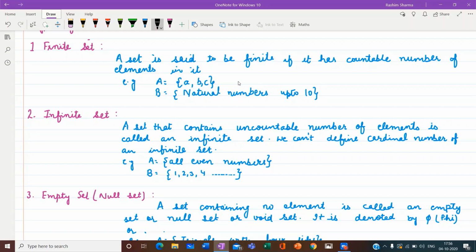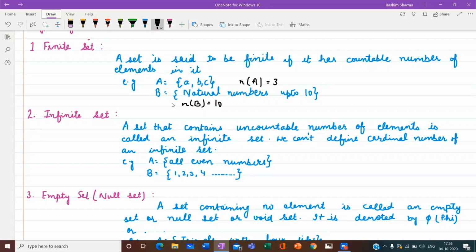Where we can write the cardinal number, that set is a finite set. So the cardinal number of set A is 3, because it has 3 elements. Same way, another example: if we have B, the set of natural numbers up to 10, the cardinal number of B will be equal to 10. So it is a finite set.